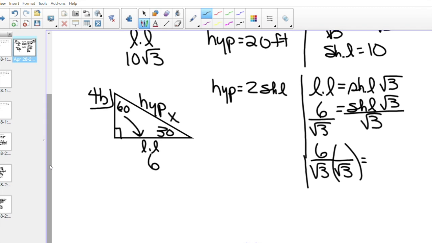And the square root of 3 times the square root of 3 is 3. On top, you would multiply that as well. Now, you cannot multiply a number outside the radical times a number in the radical, so you just write them side by side. But you do cancel, and the answer is 2 on the square root of 3.